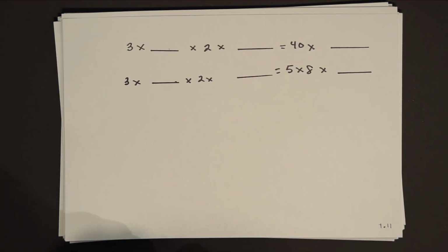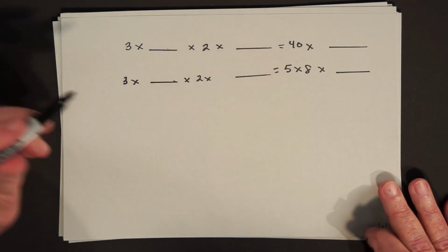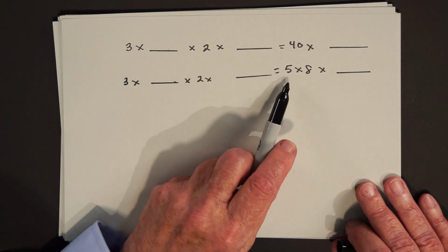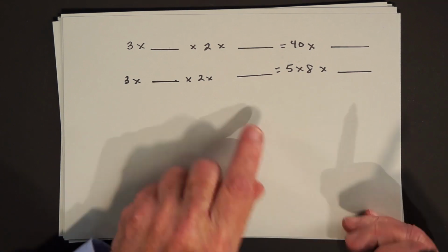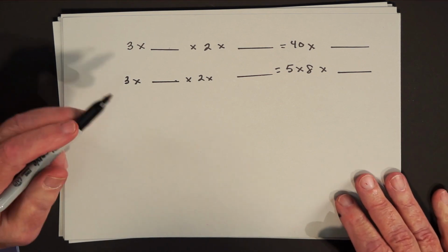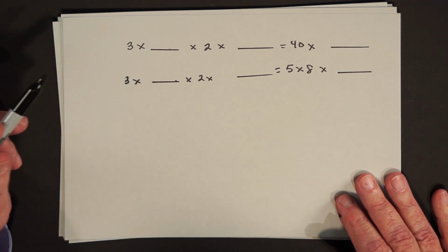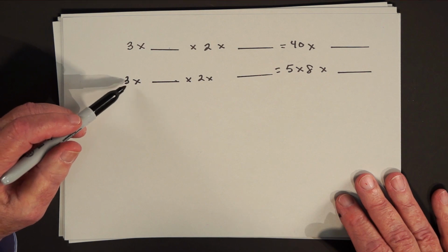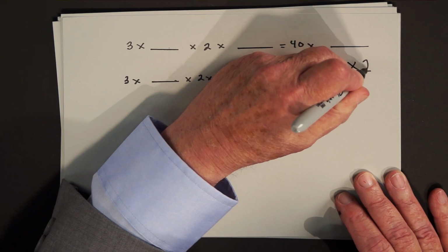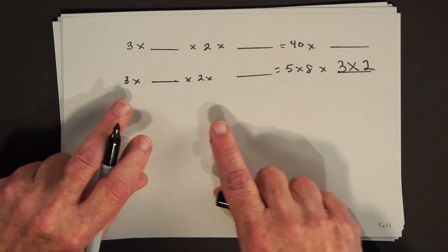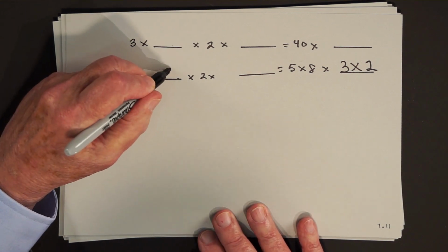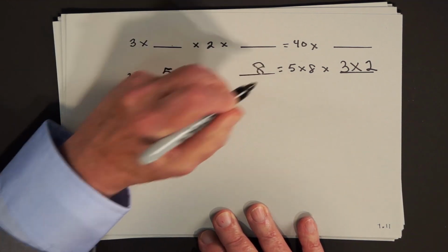And so the problem was, what can we put in here to make this a true statement? Well, notice I gave you the hint that 40 is 5 times 8. We want these adjectives to be the same, modifying the same amount. What numbers do we have here that we don't have over here? We have a 3 and a 2. So I'm going to have to multiply by 3 times 2 over here. Okay, now what's over here that I don't have over here? A 5 and an 8.